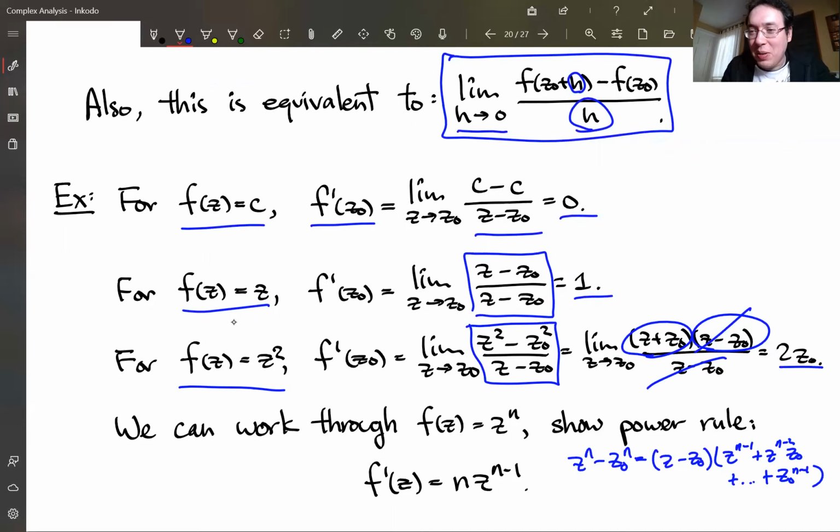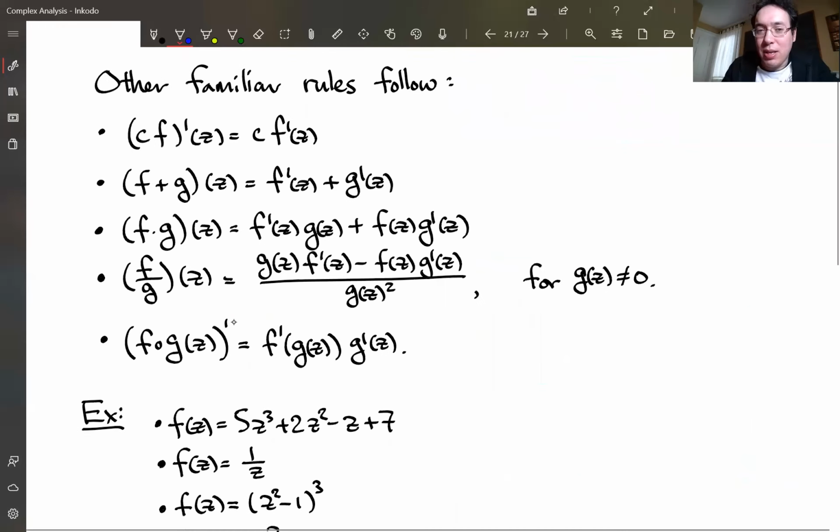So if you happen to know this factoring technique, the z minus z naught cancels out nicely, and you'll get n different terms left over with a z naught to the n minus first power. So you'll get the power rule back as it is with real differentiation.